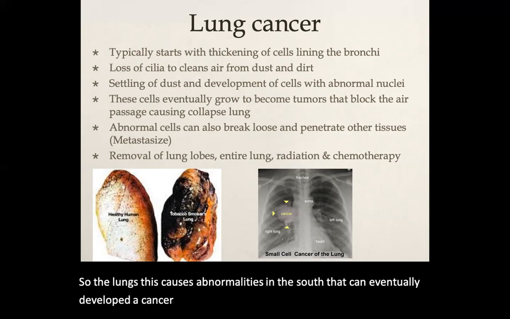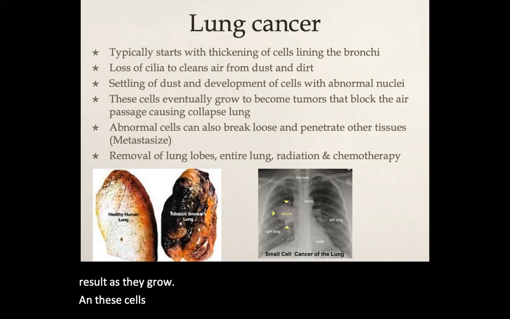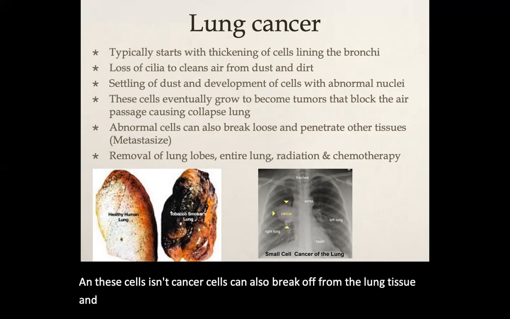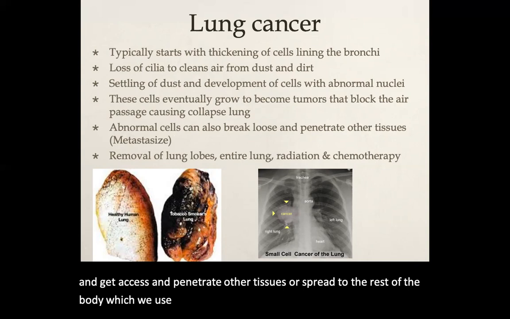The tumor can eventually collapse the lung as it grows. And these cancerous cells can also break off from the lung tissue, penetrate other tissues, or spread to the rest of the body, which we call metastasizing. So that's when the cancer basically spreads to the rest of the body.